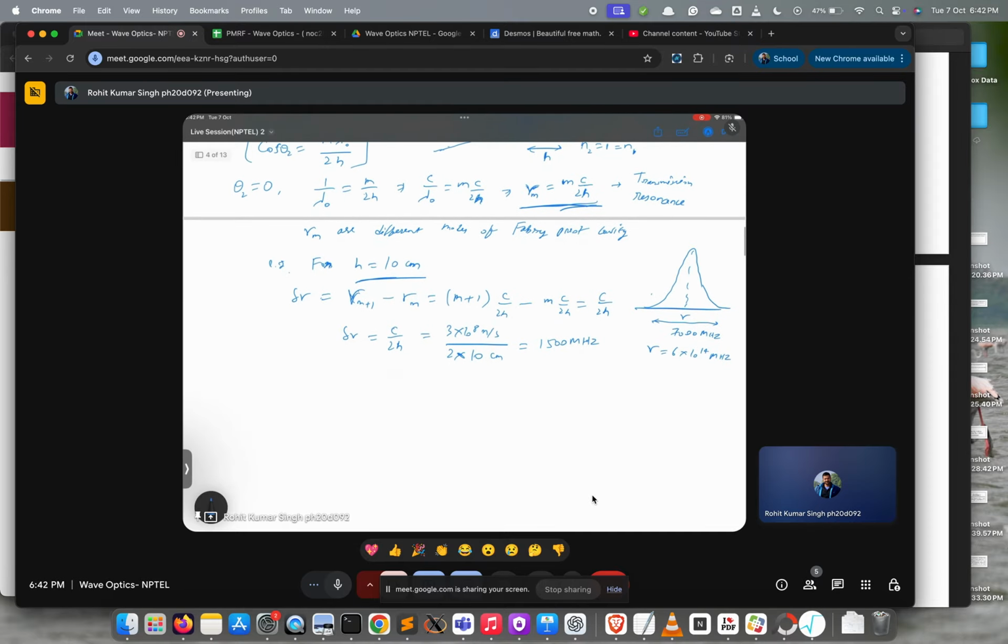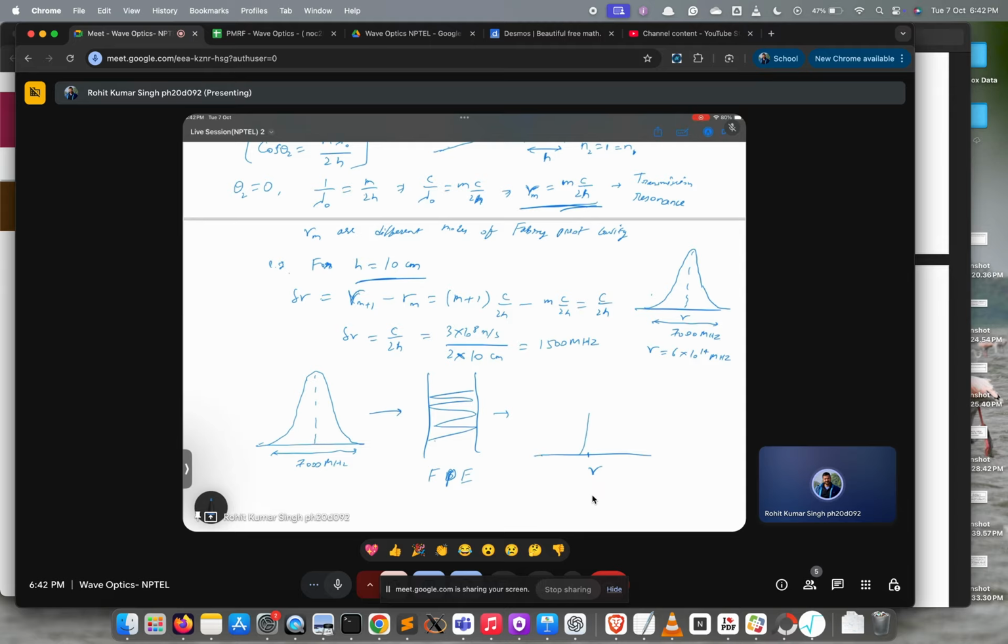So now you can see, if you have this kind of light which has a spectral width of 7000 megahertz, and you are incident it on a Fabry-Perot etalon, it goes through multiple reflections, and on the output what you will see are different peaks.